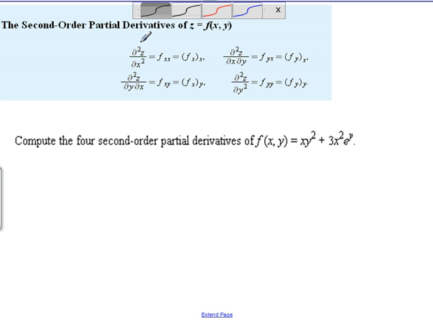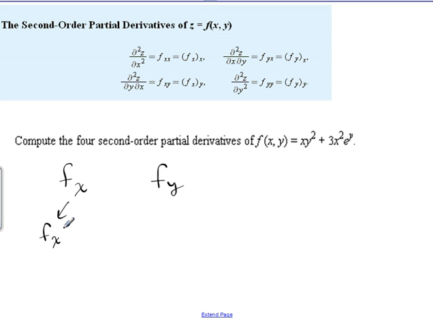So our first order derivatives are the partial with respect to x and the partial with respect to y. And then we can say, how does our first derivative with respect to x change as x changes?